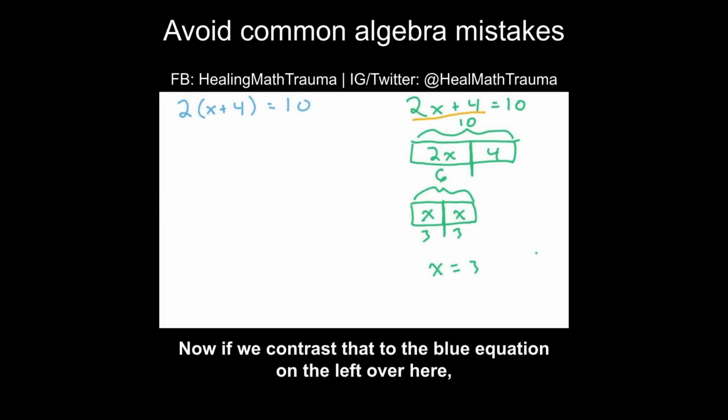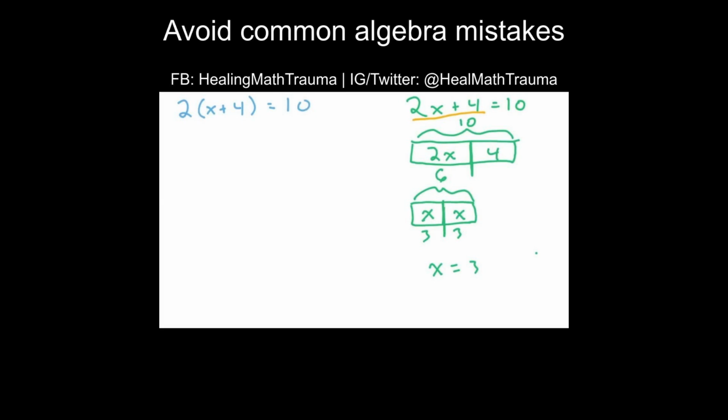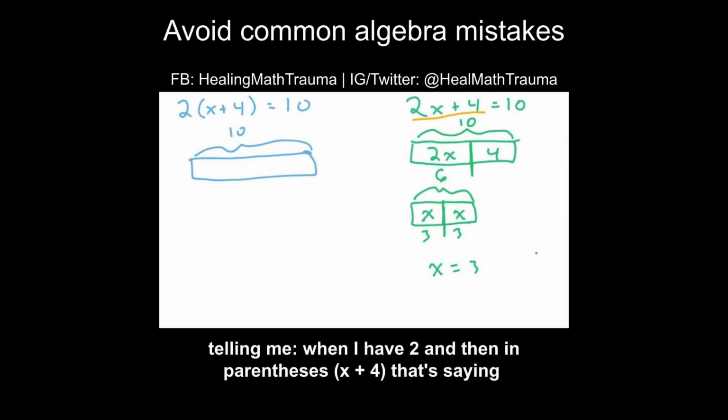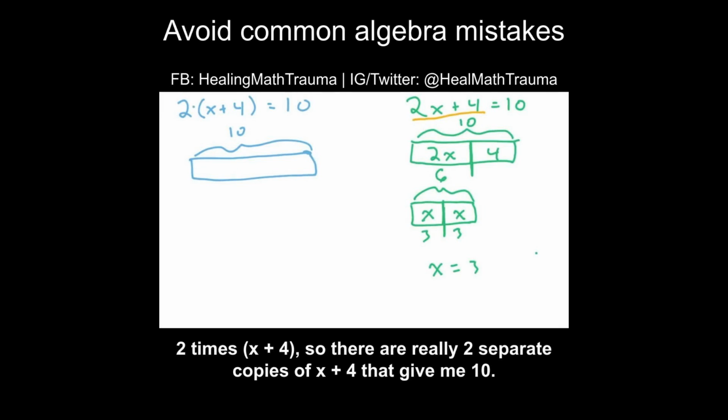Now, if we contrast that to the blue equation on the left over here, I'm again going to start with a total of 10. But now I want to think carefully about what the equation is actually telling me. When I have 2 and then in parentheses x plus 4, that's saying 2 times x plus 4.